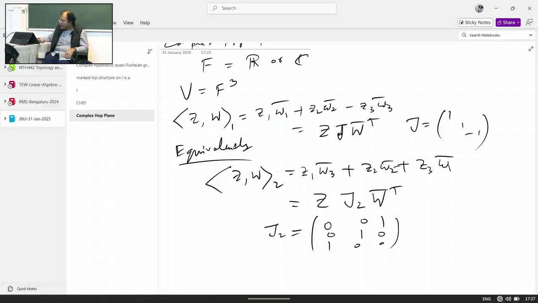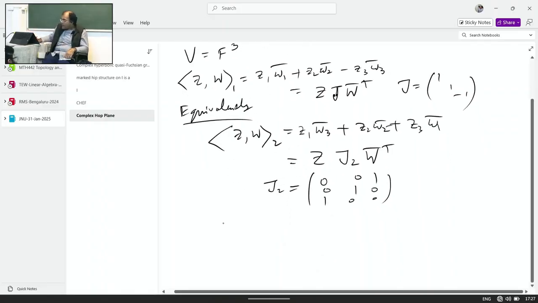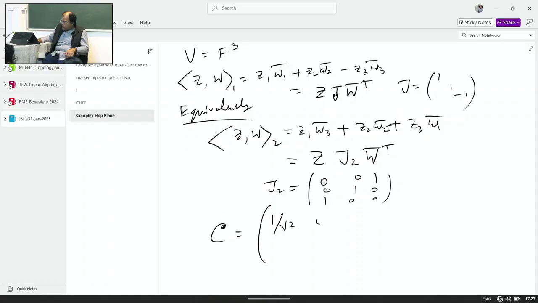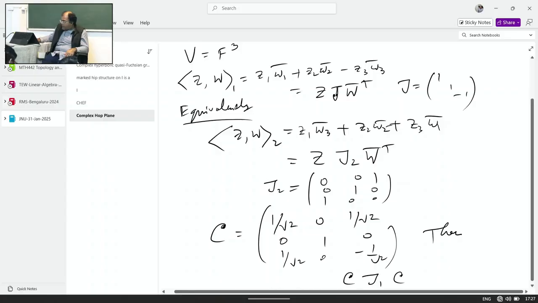Transpose, yeah. Okay. So if you take this matrix C, which is 1/2, 0, 1/2, 0, 1, 0, 1/2, 0, -1/2, then C J1 C inverse is J2.